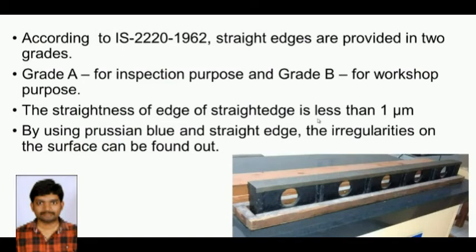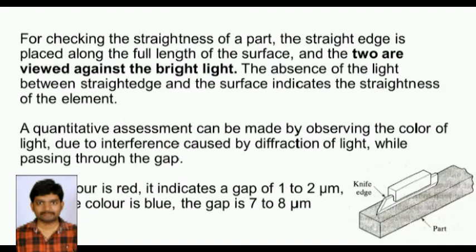Okay, so now for checking the straightness of the components, the straight edge is placed along the full length of the surface, and the two are viewed against a bright light. Now you can see here, this is the workpiece, and we want to measure whether this top surface is straight or not. So in that case, we have to take this straight edge and keep it on the surface.